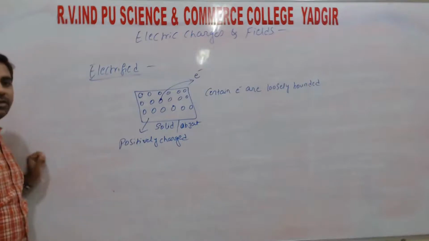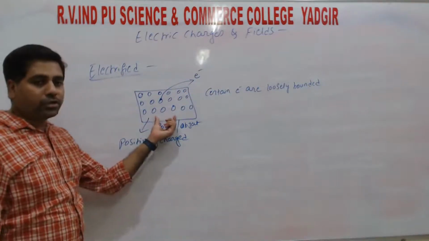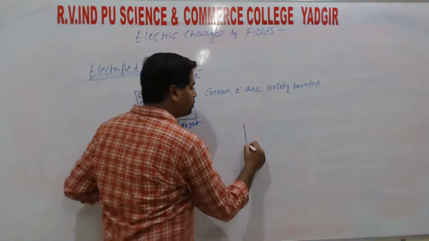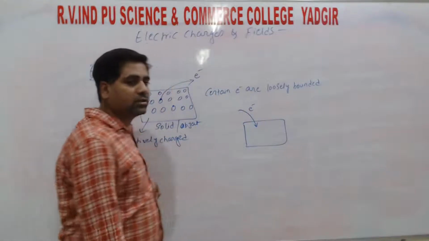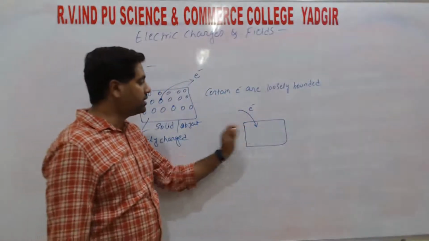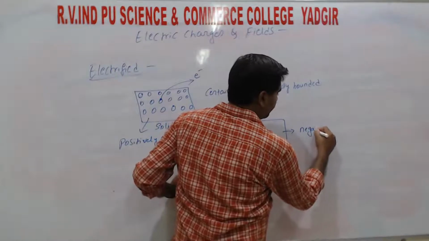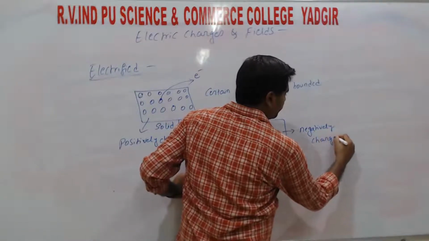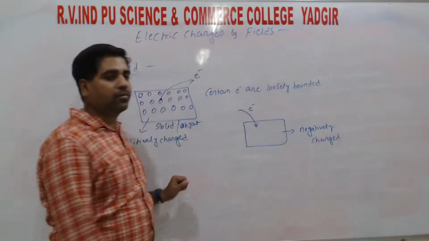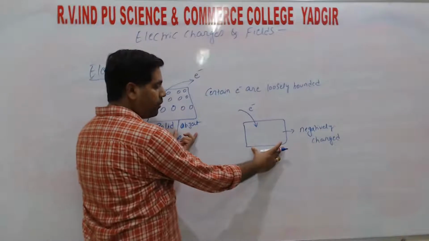Any object which loses its electrons is positively charged. If any object gains electrons, then that object is negatively charged, right?